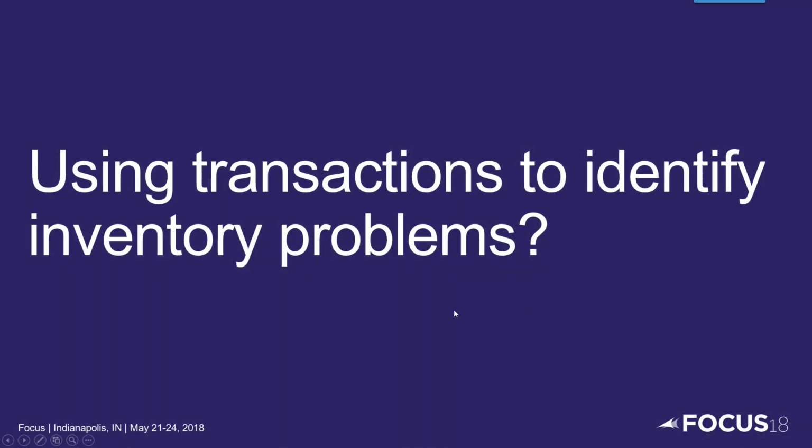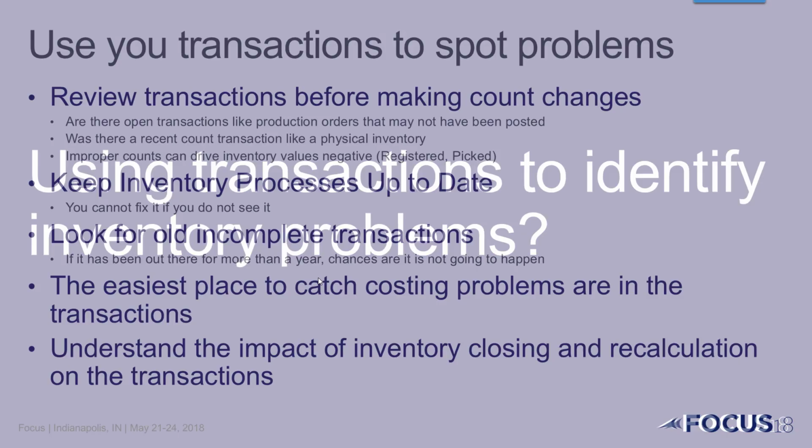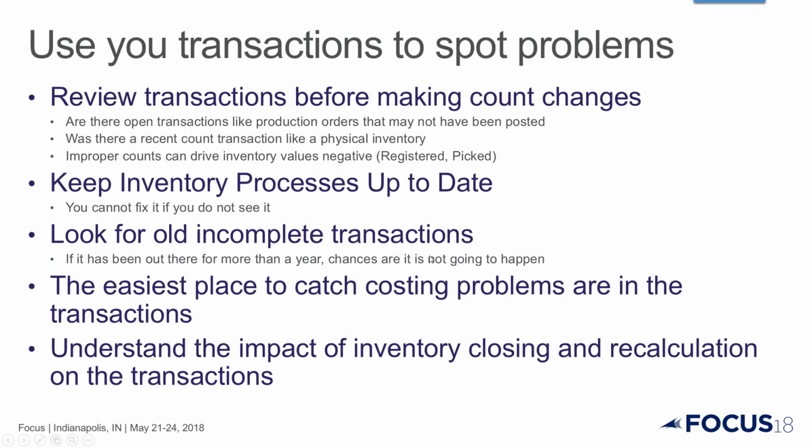Okay, using transactions to identify inventory problems. All right, so let's talk about how you can use the transactions. Well, one of the things I like people to do is we can have cycle counting, and cycle counting can do us a lot of good unless we're not using it correctly.